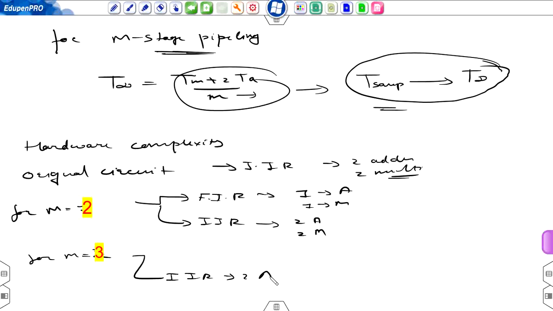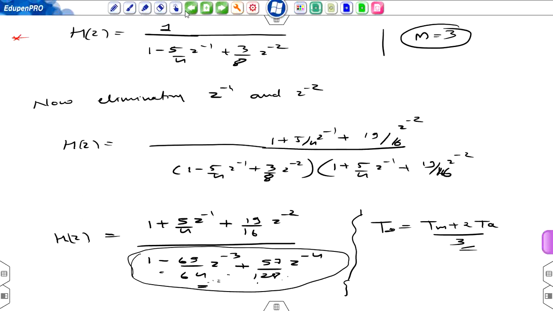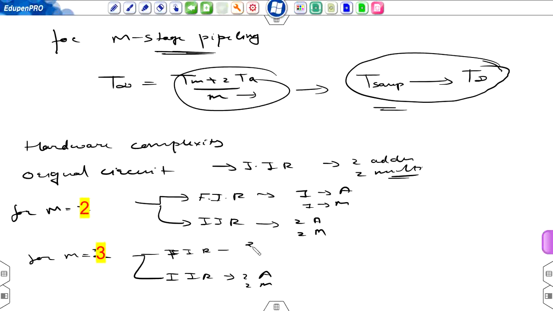So 2 adder, 2 multiplier, and the FIR part, okay, now it is having 2 addition and 2 multiplication.